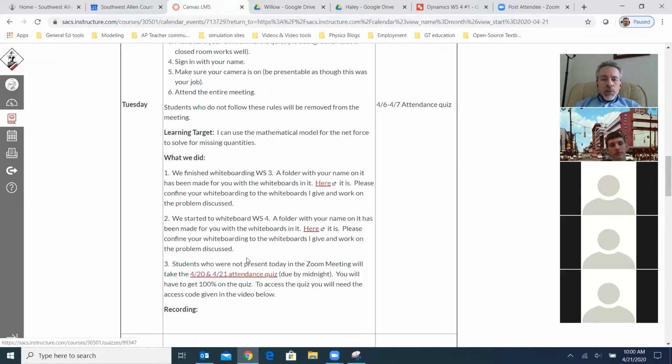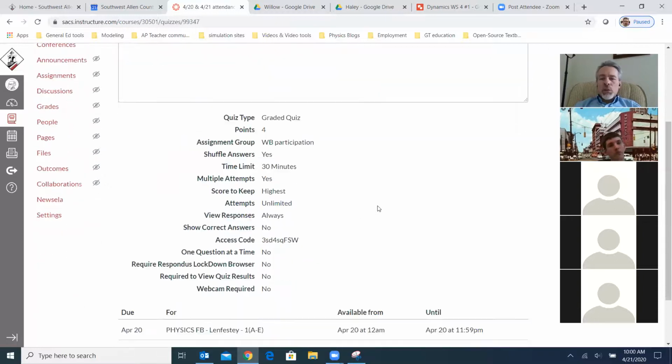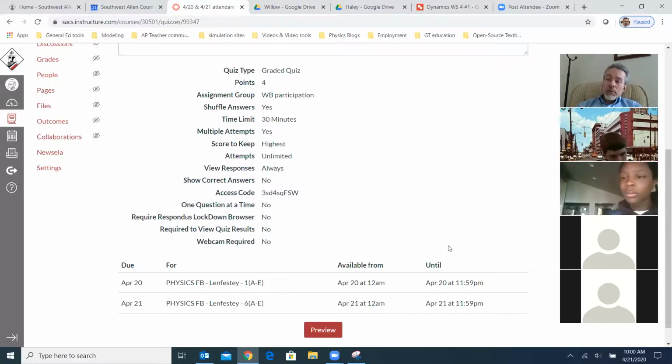Also, what I need to do is give you the code for the attendance quiz. Now, if you're here today in this Zoom conference, you don't have to do the quiz. But others who aren't in the Zoom conference are going to watch this video and have to do this quiz, which is over the stuff we just whiteboarded. So here's the code. For the people who are here today, you don't have to do it, but if you do it, you can actually get bonus points, so it might help your score.